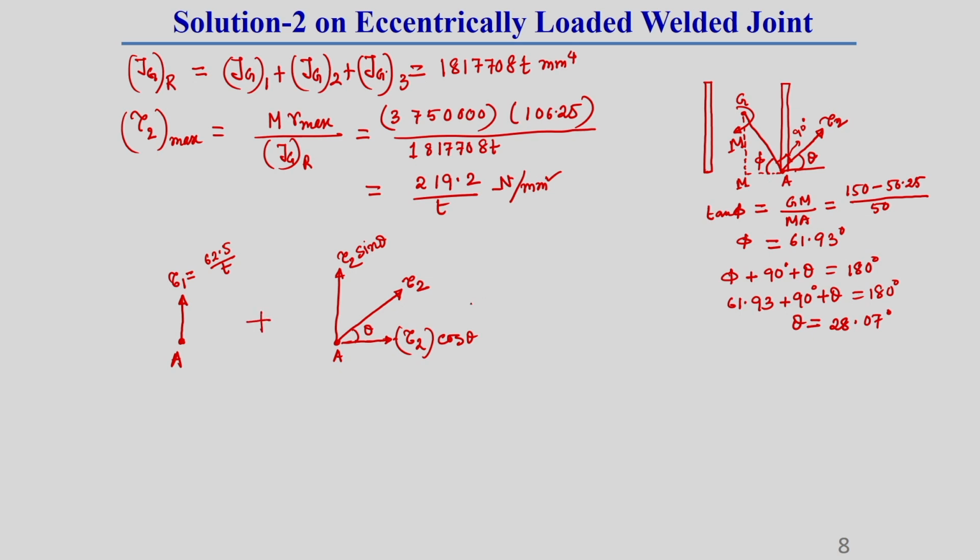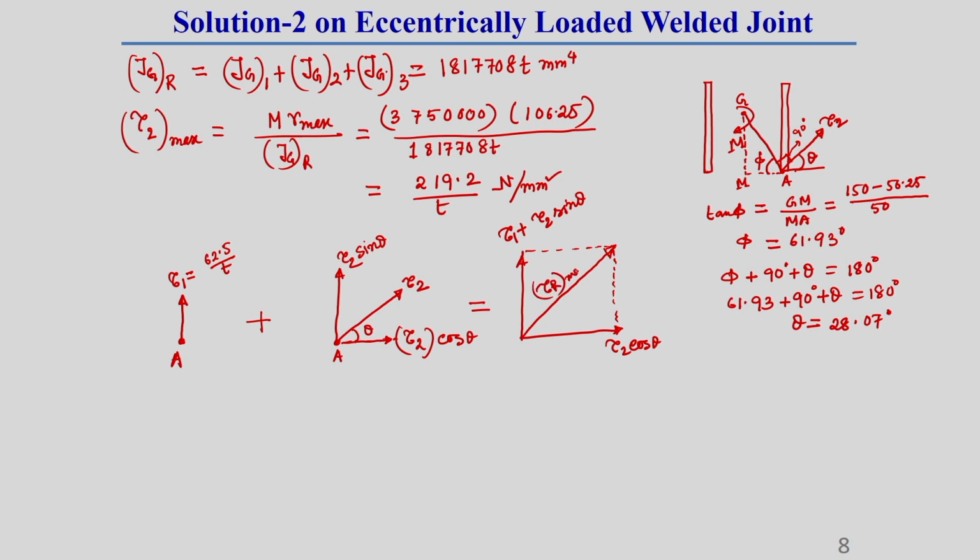By adding these things, we can easily find out the resultant component. Here you see there are two vertical components of shear stress, one is tau 1, another one is tau 2 sin theta, and in the horizontal direction there is only tau 2 cos theta. By these two components we can easily find out the resultant shear stress at point A, that means the maximum resultant shear stress, tau r.